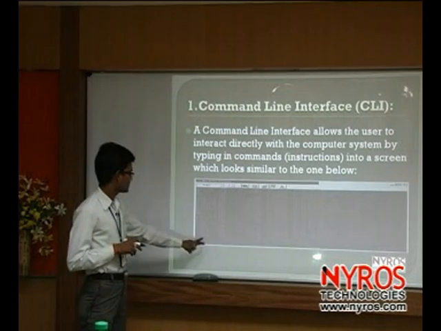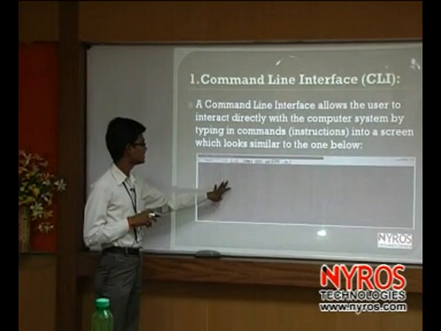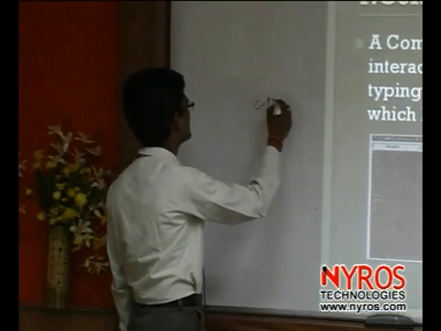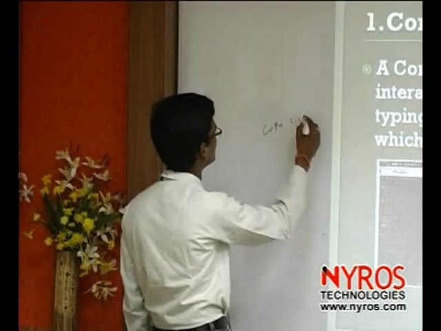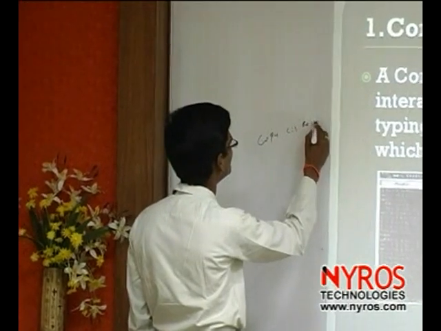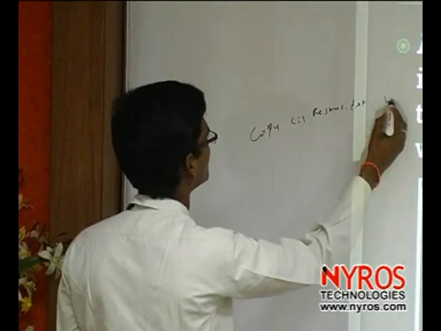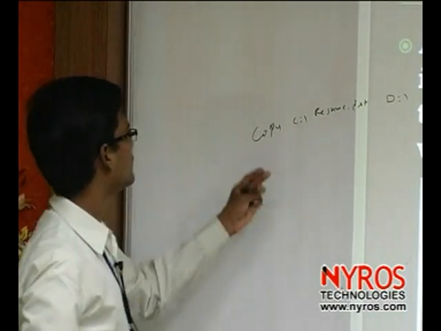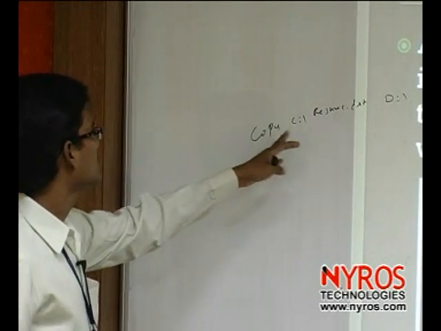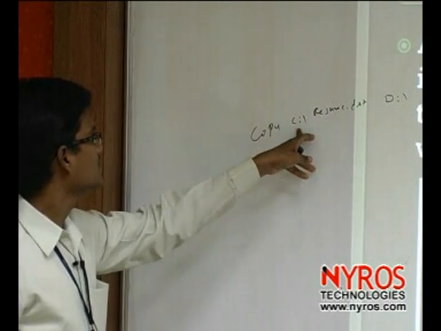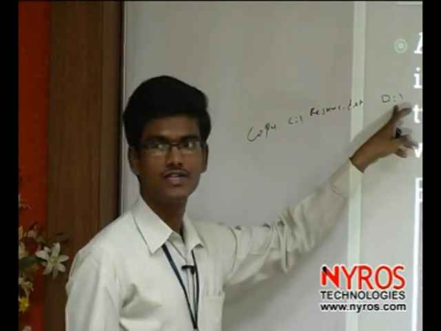These commands are typed on this screen. Let us consider an example: copy C:drive resume.txt file to D drive. That means the text file present in the root directory of C drive is copied into the root directory of D drive.